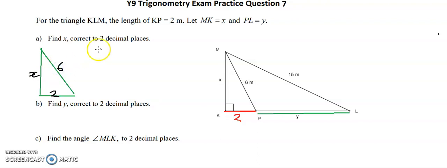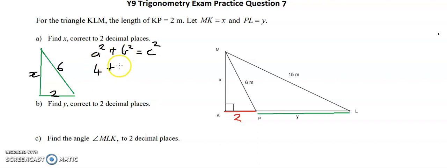Now here we are just going to use Pythagoras' theorem, which is a squared plus b squared equals c squared. So a is 2, so that means 2 squared is 4.